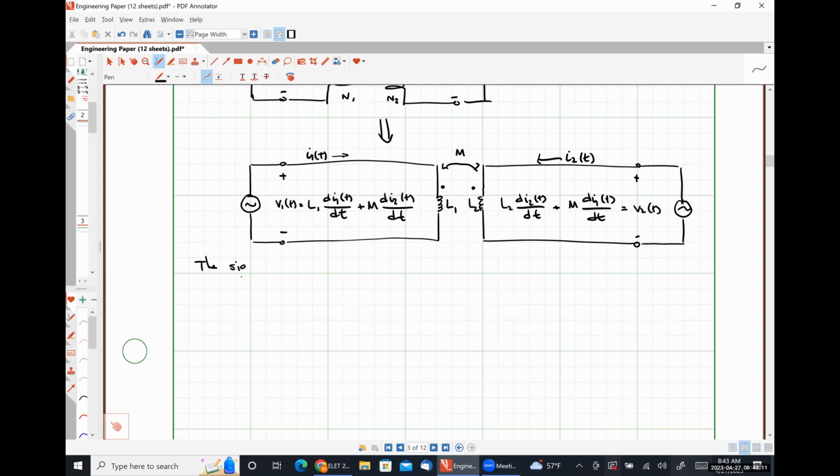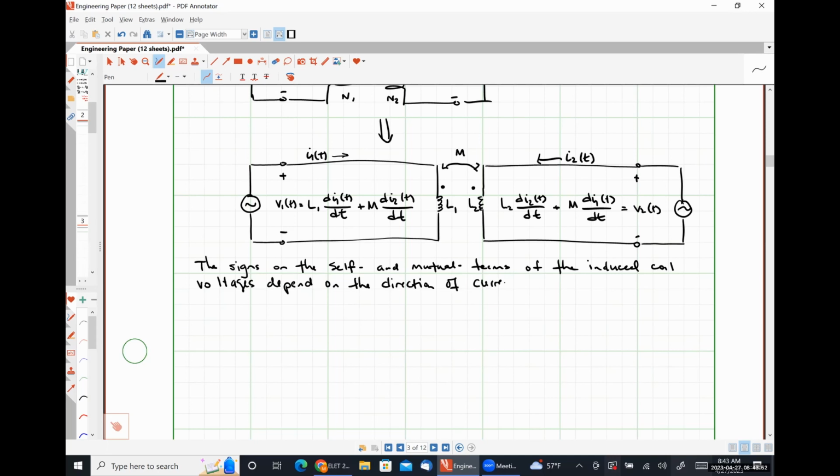The signs on the self and mutual terms of the induced coil voltages depend on the direction of current flow.